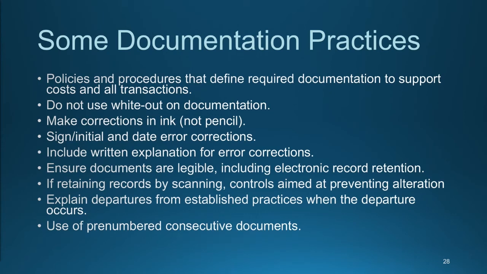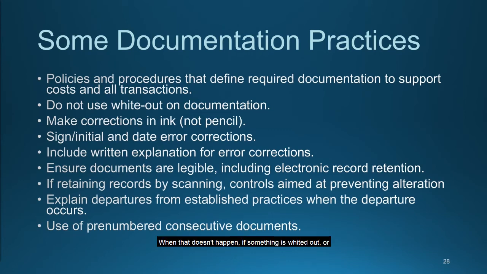And then as far as making corrections, the best practice is, if you need to make a correction to something, use ink, do one strike through so you can see what was there originally. Do an initial or signature and a date, and if you can, a brief explanation of why the change was made.